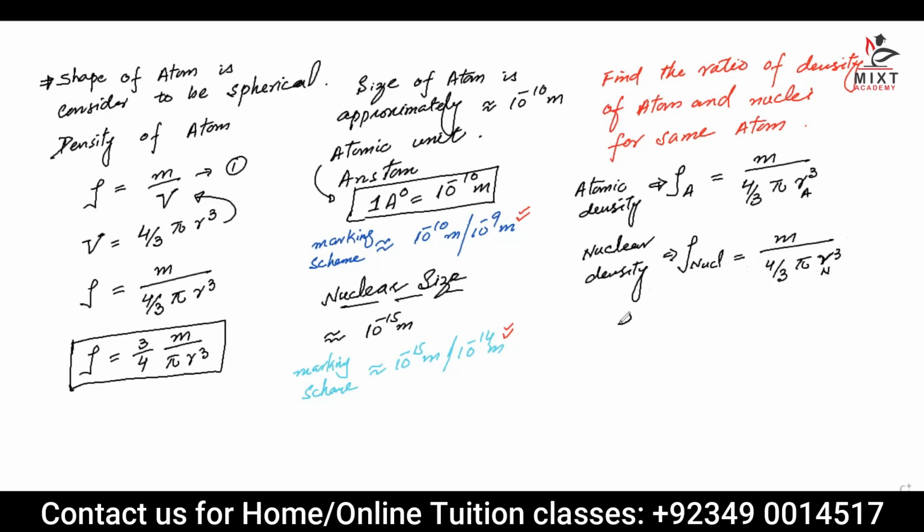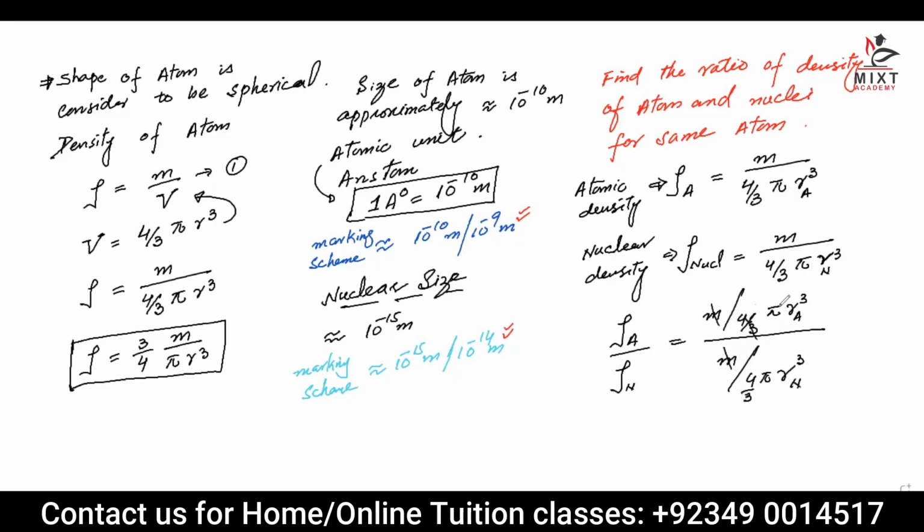Now we take the ratio, atomic density divided by nuclear density.